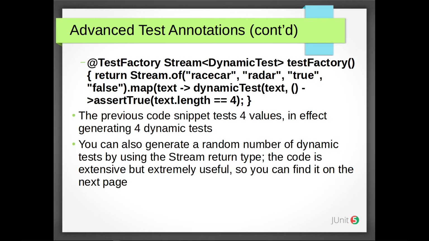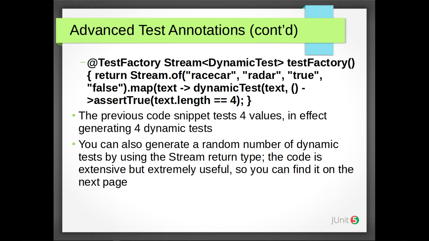And so you can see that of all the 4 tests it produces, it will pass only once, where the length of the text is 4, which will be for the value true, and for the other 3 tests it will fail. And you can make 10,000 of these values if you want. And you will have created 10,000 unit tests.